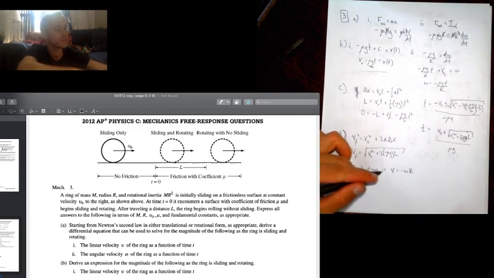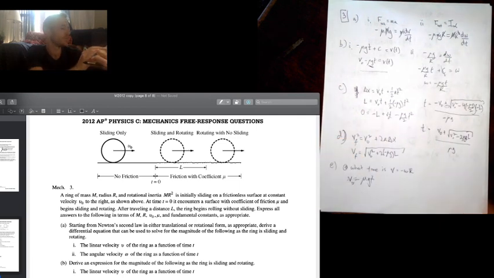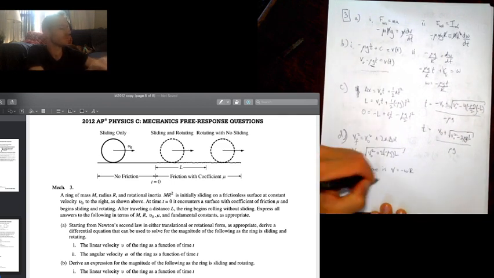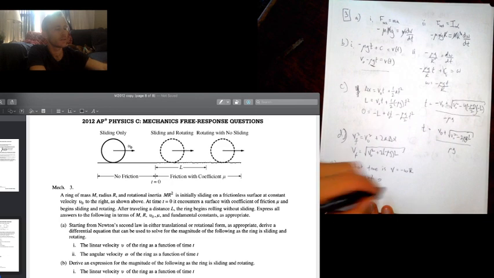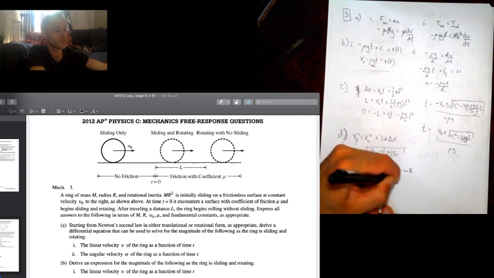So we're going to set v naught minus mu g t equals minus omega times r. So we have minus mu g t over r times r.